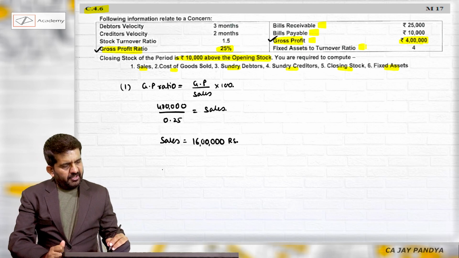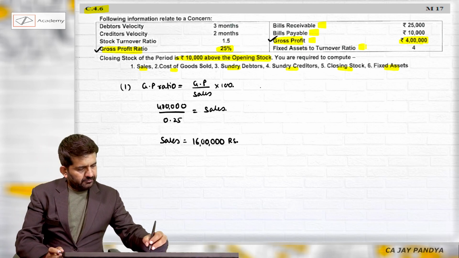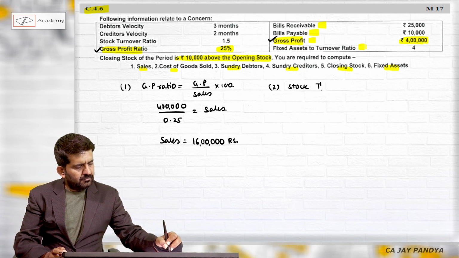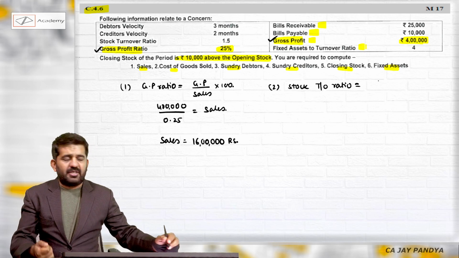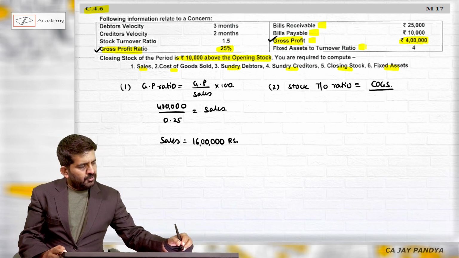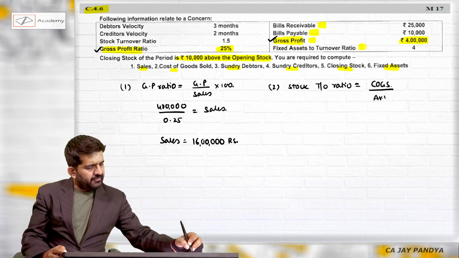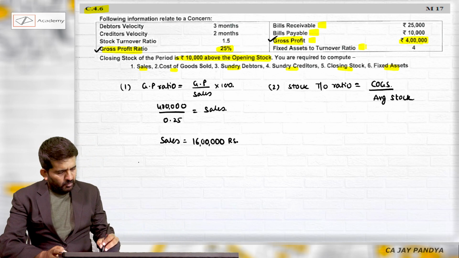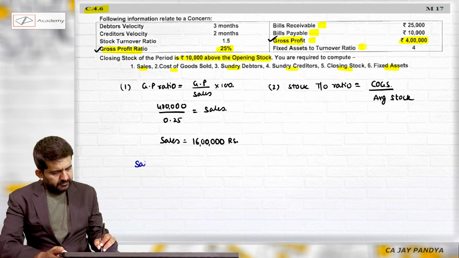Stock turnover ratio. If nothing is given, I will assume it is on COGS. COGS divided by average stock. What is COGS? We can find out.